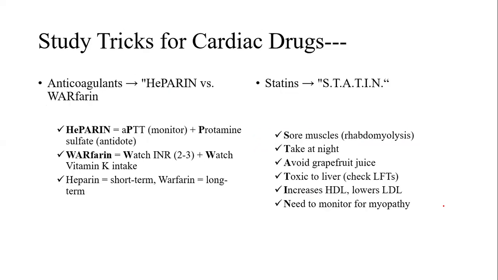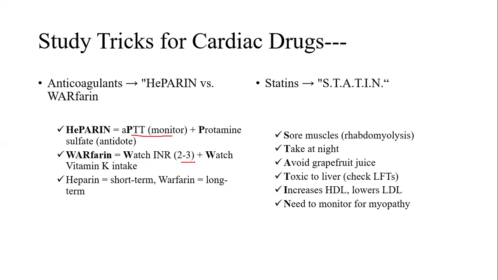And then for anticoagulants, heparin versus warfarin. For heparin, we need to monitor aPTT, activated partial thromboplastin time, and protamine sulfate is the antidote. For warfarin, we need to look for INR, PT-INR, and if it is between 2 to 3, that's okay.